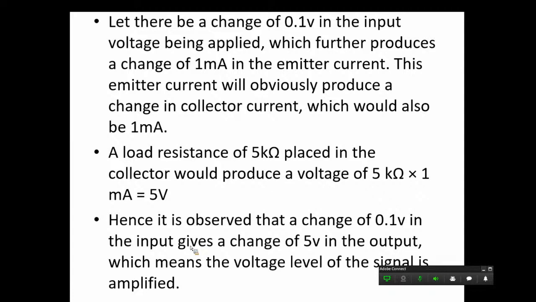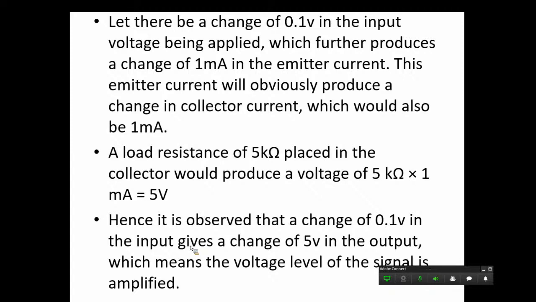If the load resistor is 5 kilo ohms, then the voltage drop across that load resistor is equal to 5 volts. When the collector current passes through that 5 kilo ohm load resistor, the voltage drop across it is 5 volts.